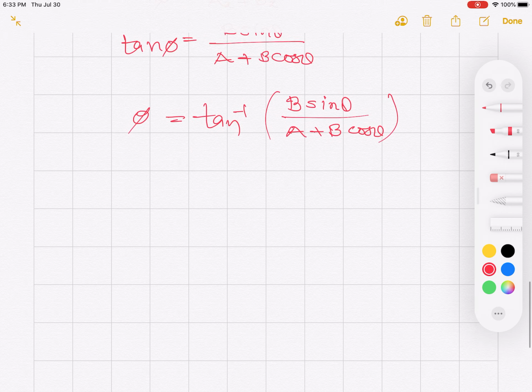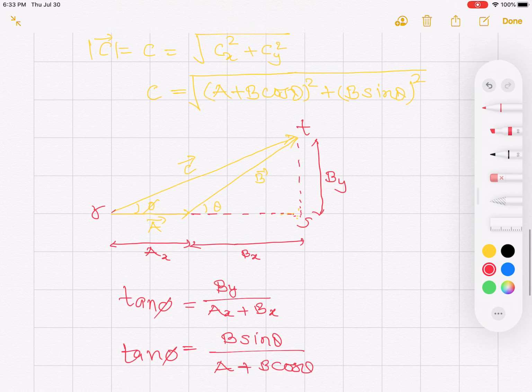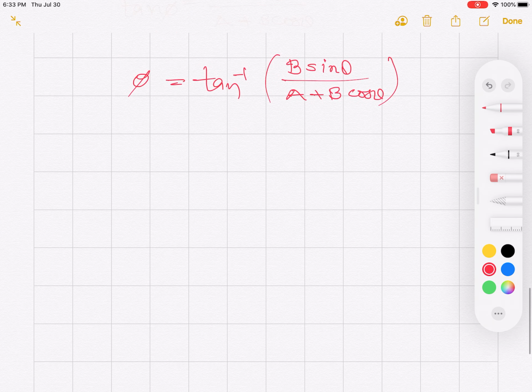Okay, in this way you can find the sum of two vectors. Now I will make the situation more complicated.